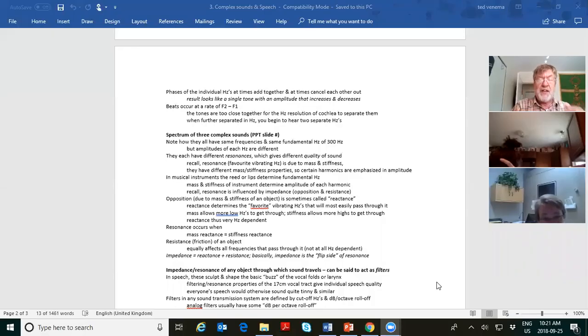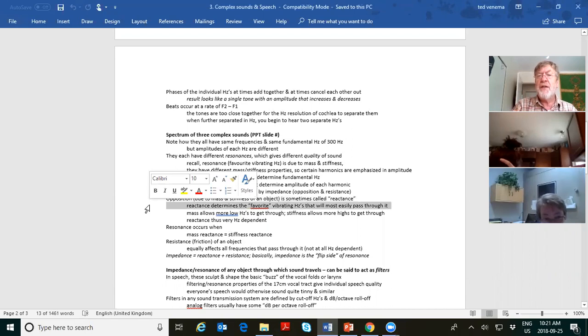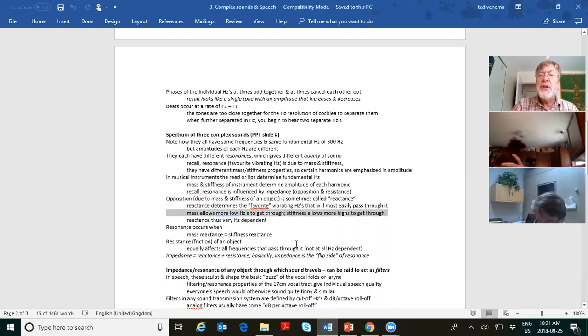So back to that hairy little set of notes where we were. I repeat this stuff because this is the kind of stuff that's on quizzes. Opposition due to mass and stiffness of an object is sometimes called reactance. Reactance determines the favorite vibrating frequencies that will most easily pass through it. Mass allows lows to get through, stiffness allows more highs to get through.